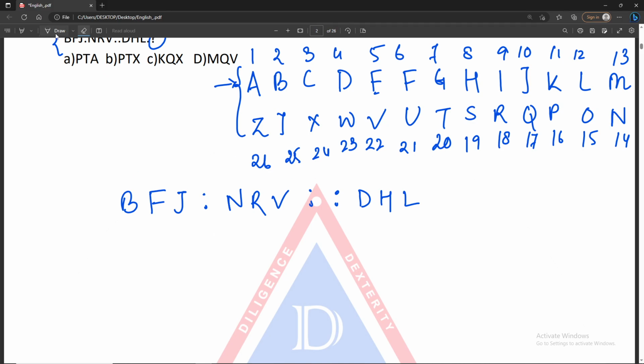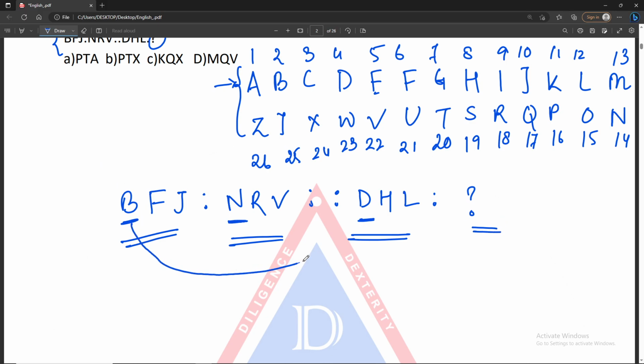So this is the question. So you can see B, N and D. This is the first set of letters, this is the second, this is the third, and some will come around fourth.